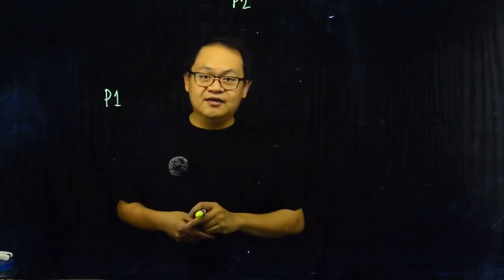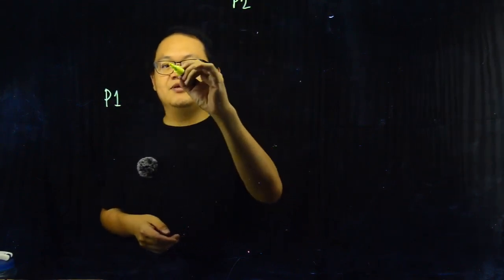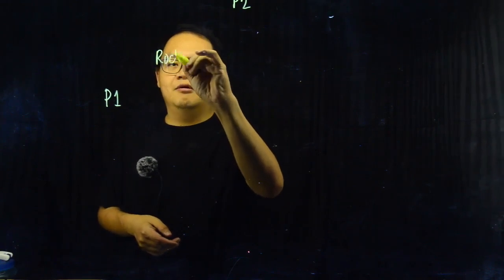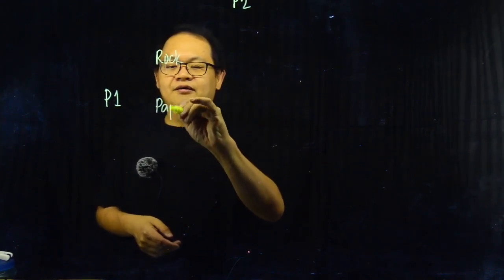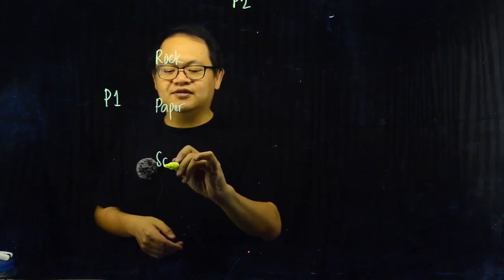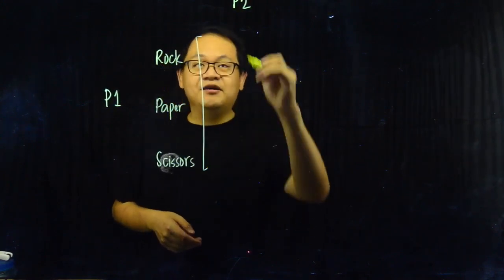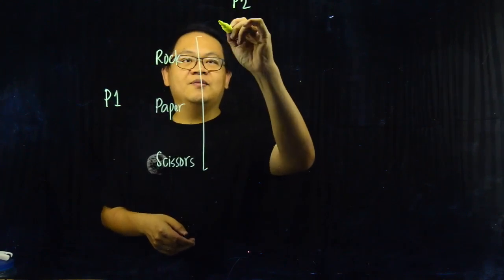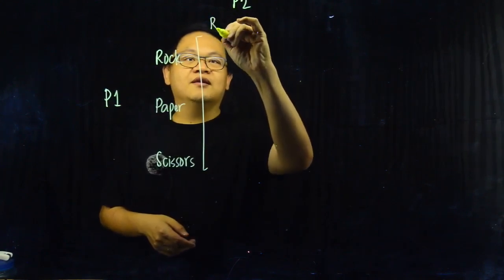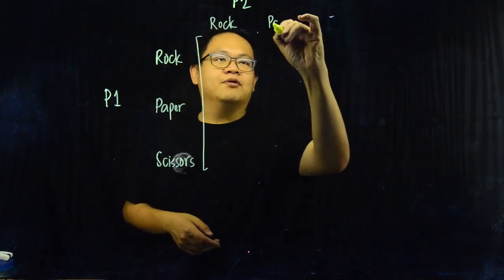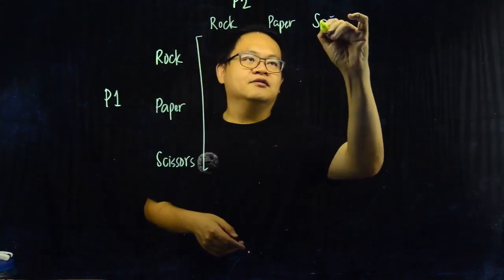And player 1 has three possible strategies. He can either show a rock, a paper, or a scissors. Okay? And player 2 also has the same set of strategies. Player 2 can either show a rock, paper, or scissors.